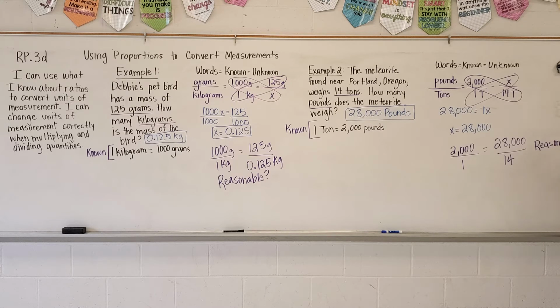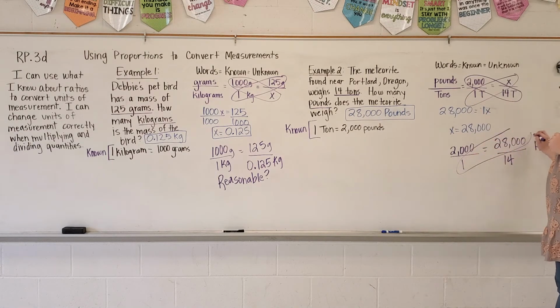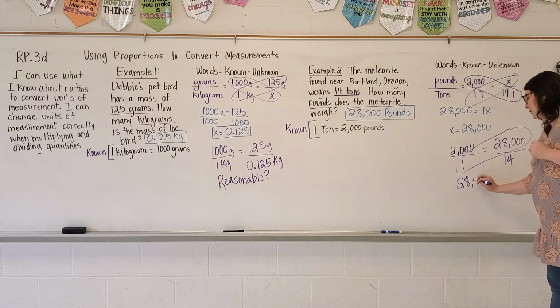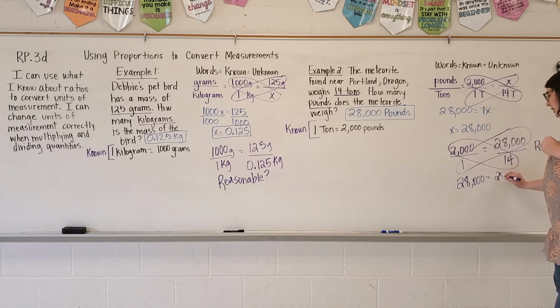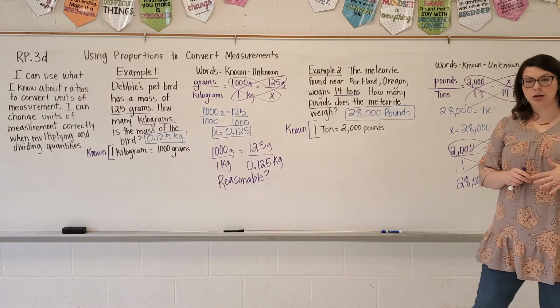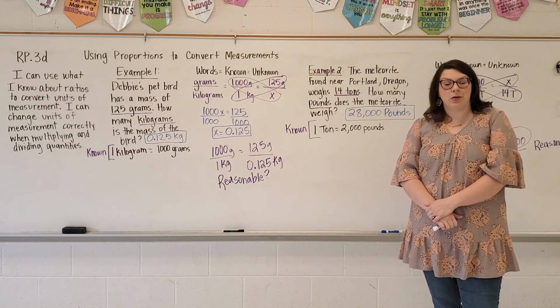But also, if I were to cross multiply, I would get equivalent values. 28,000 times 1 is equal to 28,000, and 2,000 times 14 is 28,000, proving that this proportion is in fact a proportion, that the ratios are equal. Another way to check your thinking is if I were to simplify 28,000 over 14, I would get 2,000. So that is a way that you can always check your thinking to make sure that the proportions you're creating in the end are actually proportions because they are equivalent ratios.